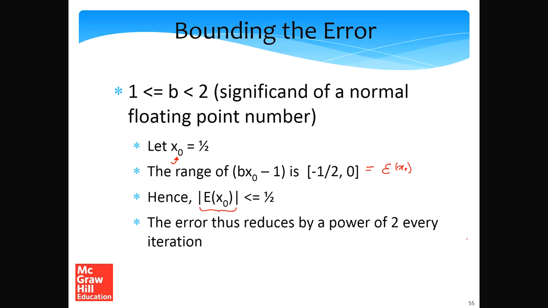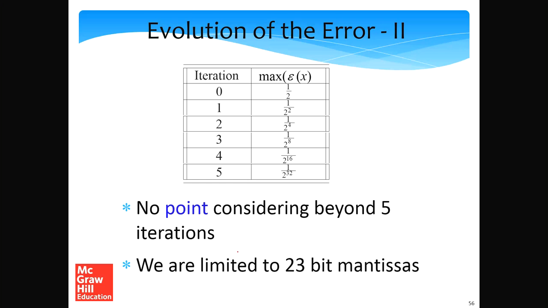Because any number that we multiply by itself, if the number is less than 1, will ultimately reach 0. So the error will ultimately converge to 0. So this at least tells us that our initial estimate, if we set x0 as half, is a good estimate, because we can not only bound the error, but in repeated steps the error will ultimately converge to 0.